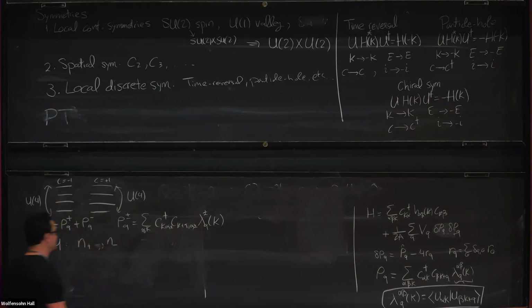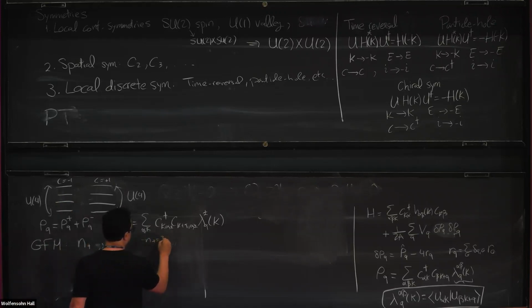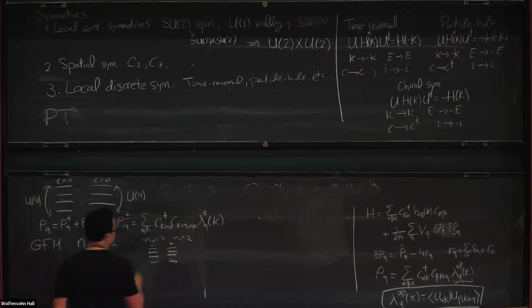For example, if n plus equals 3, n minus equals 2, that's an example of a generalized ferromagnet.